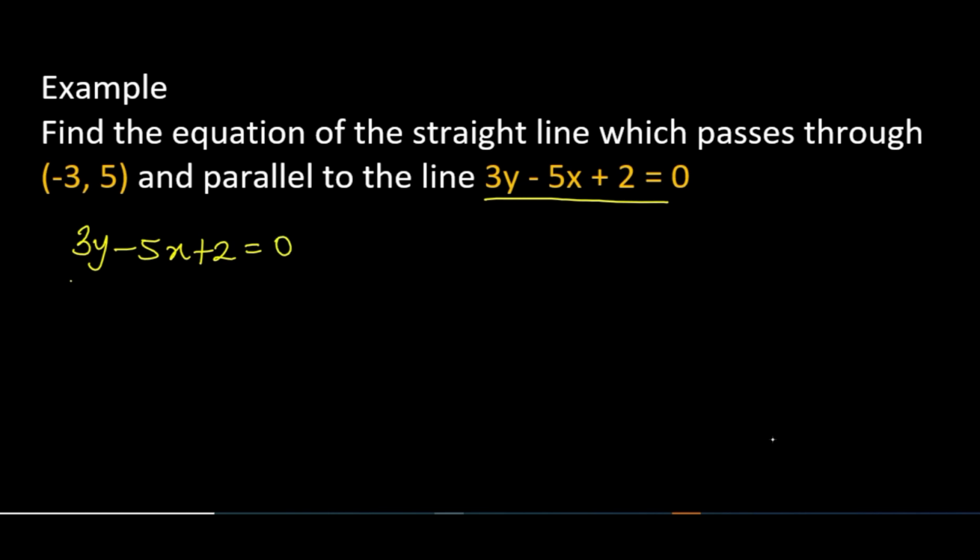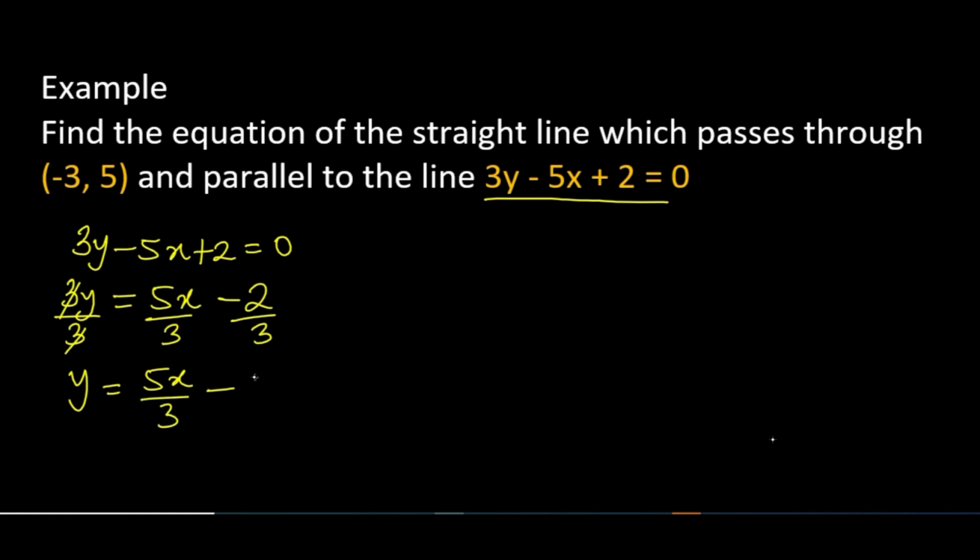Then we compare it with the general equation of a straight line. And to do this, you have 3y is equals to 5x minus 2. So we divide everything by 3. So we have y is equals to 5x over 3 minus 2 over 3.